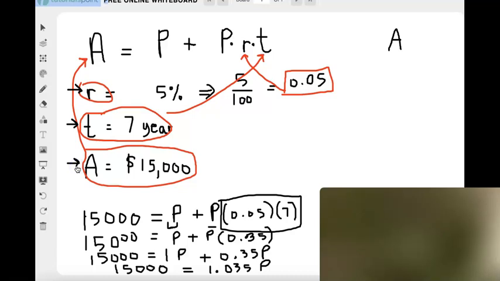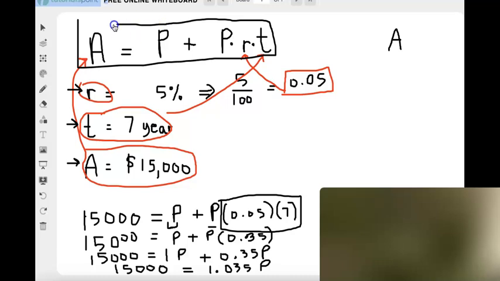Identify those, and write out your equation. That could go at the top of your post. Then write out the variables that you are given or you're choosing, and then find the variable that you need to solve for. In my case, I needed to solve for the principal.